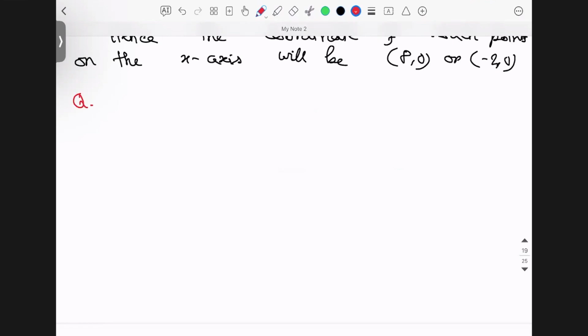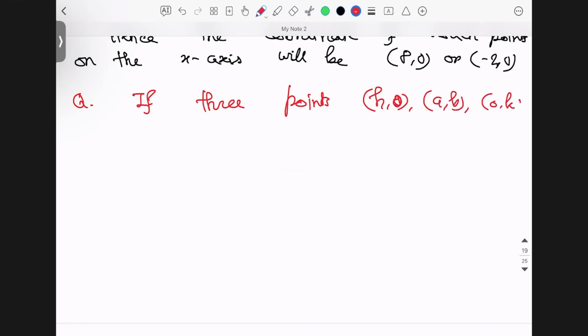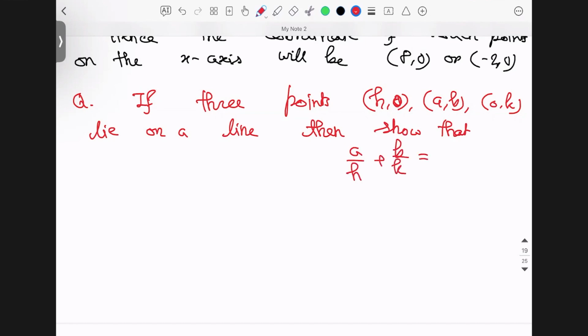The next question is: if 3 points (h, 0), (a, b) and (0, k) lie on a line, then show that a by h plus b by k equals 1.